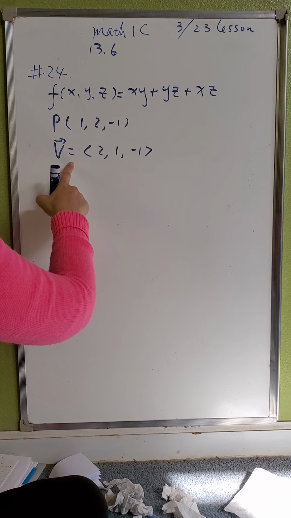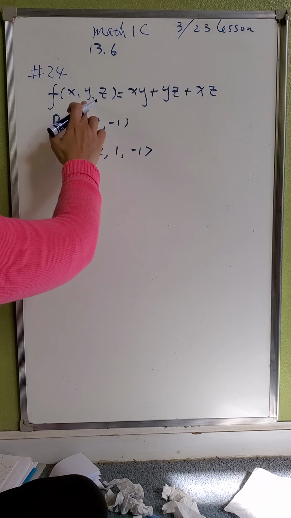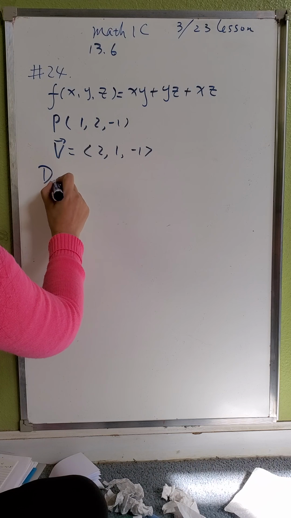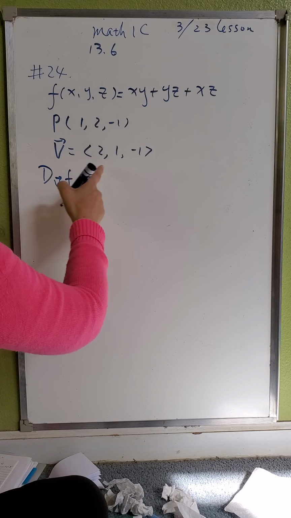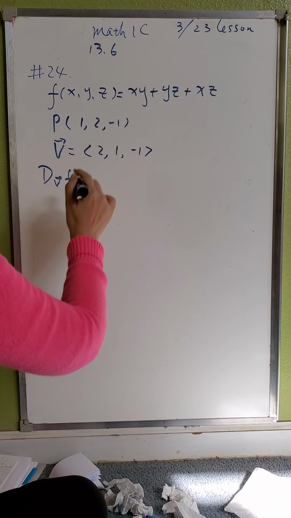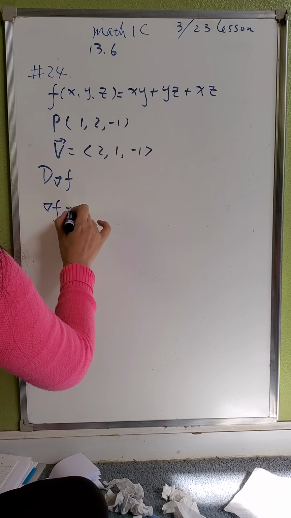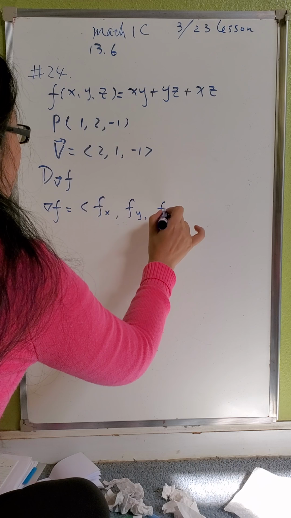They said to find the directional derivative in the direction of v. So get the gradient first. See if we're going to get 0. Are we that lucky to always get 0?